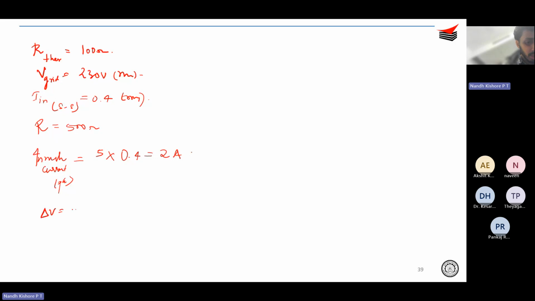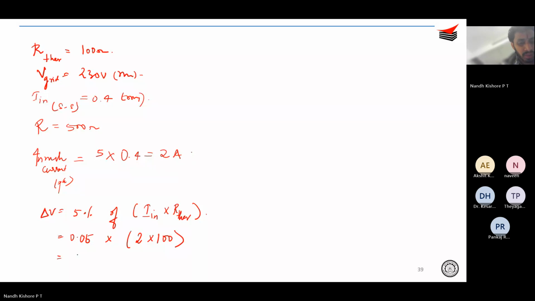So delta V is 5% of IN into R thermistor, which is 0.05 into 2 amperes into 100 ohm, somewhere around 10 volts.